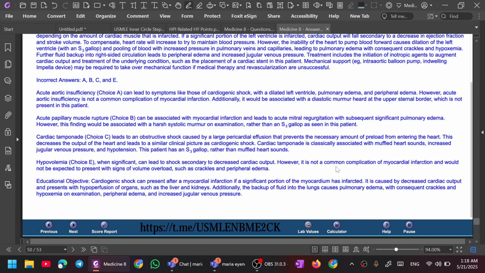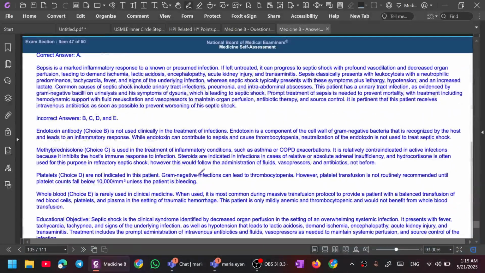Sepsis is a marked inflammatory response to a known or presumed infection. If left untreated, it can progress to septic shock with profound vasodilation and decreased organ perfusion, leading to demand ischemia, lactic acidosis, encephalopathy, acute kidney injury, transaminitis.